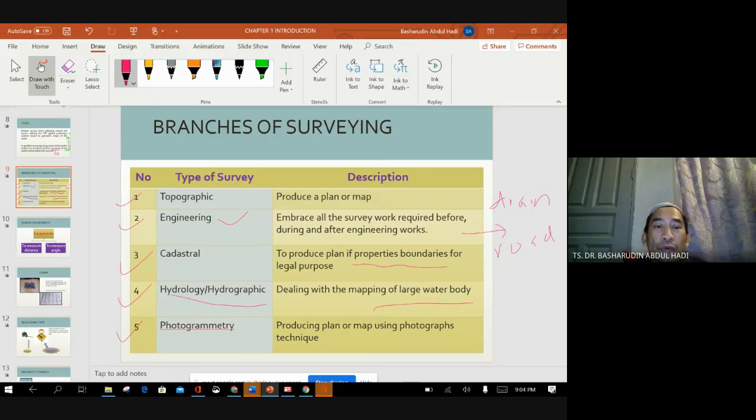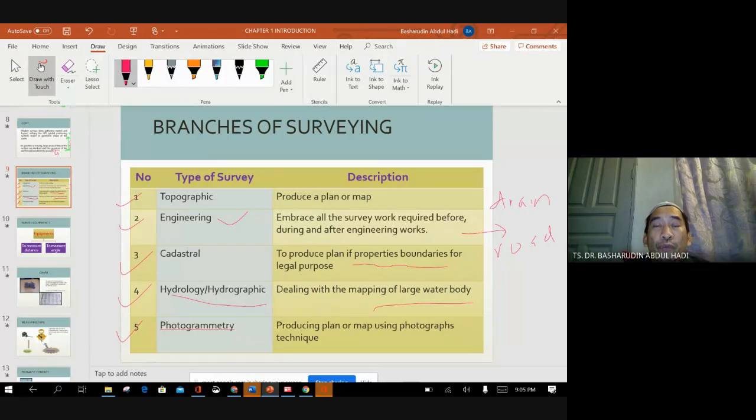Okay, photogrammetry. You know that nowadays it's popular. You know about drones. It's something like using photogrammetry for mapping, producing a map using photograph techniques. And nowadays we have video, and we put it on a platform we call a drone. Last time in photogrammetry, we put the camera in aeroplanes.